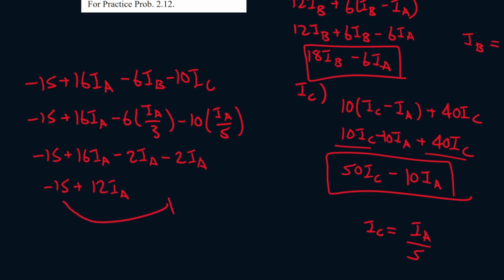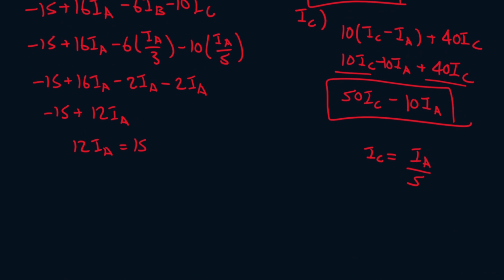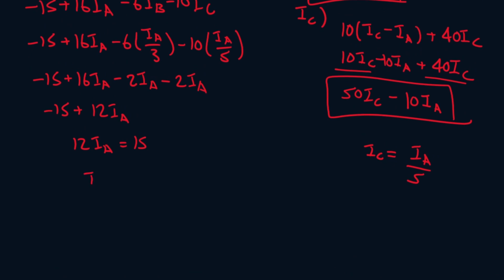Let's bring the 15 to the other side, so it'll be 12 IA equals 15. 15 over 12, that's just 1.25. Okay, so that's what IA is.